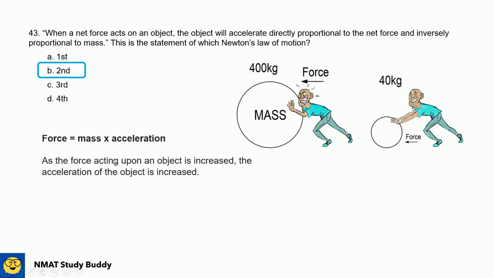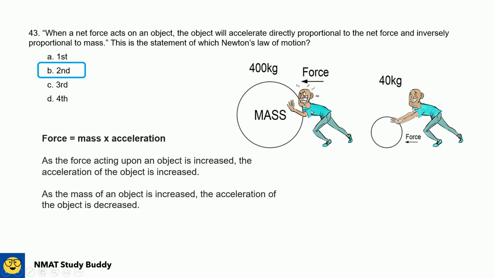And then as the force acting upon an object is increased, the acceleration of the object is also increased. So directly proportional yung force sa acceleration. Pero as the mass of an object is increased, the acceleration of the object is decreased. So assuming na dito sa illustration na to, yung force na binibigay ng lalaking to is equal.